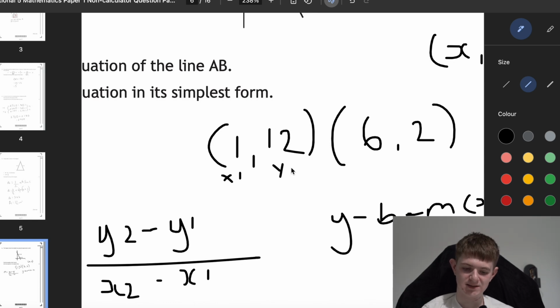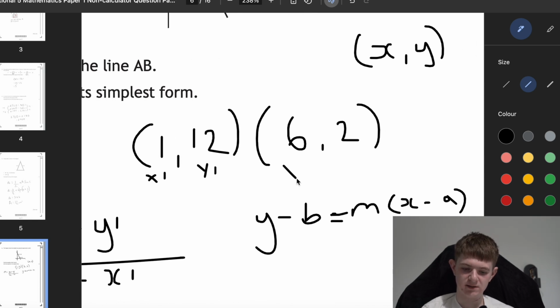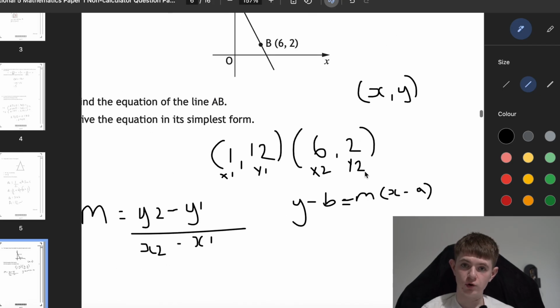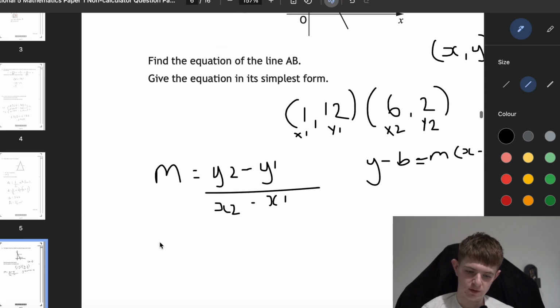Where 6 is the second x, and 2 is the second y. From there, we sub that into our gradient formula. So we've got y2 take away y1, so that's going to be 2 take away 12, over x2 take away x1, 6 take away 1.